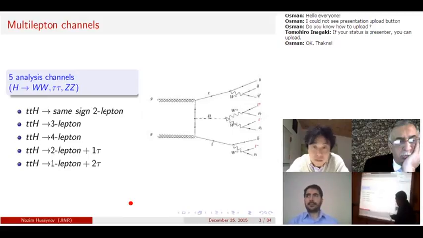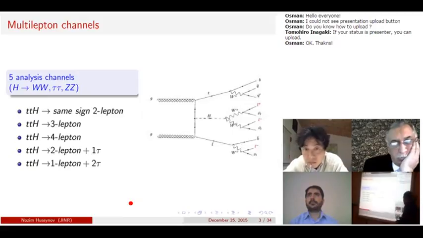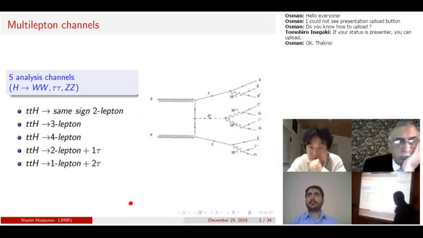As you see, the first top decays to W and b, the Higgs to W, and the other top decays to b, W boson and b. So as a final state, we have 1, 2, 3 leptons and 1 neutrino, b quarks, and several neutrinos. Next slide, please.